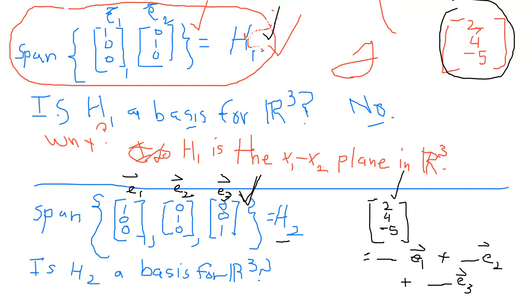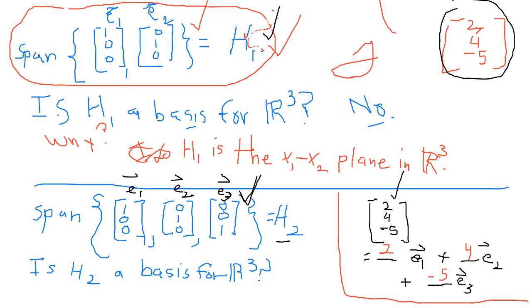Okay, what are the numbers going to be? Good, Hung, good, Nafoni. 2, 4, and negative 5. Absolutely.